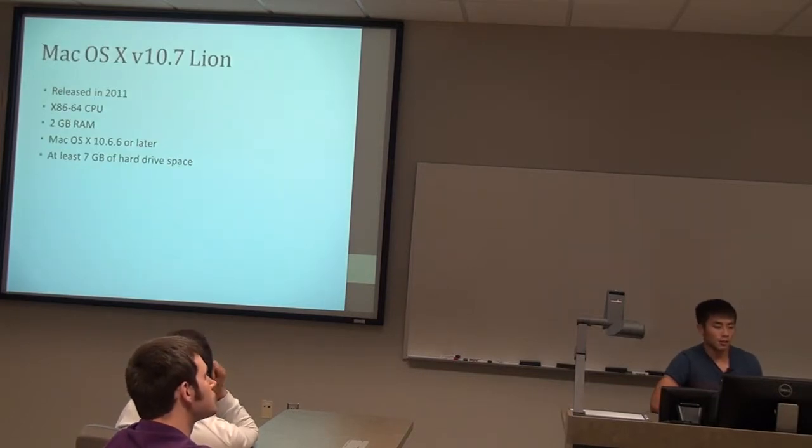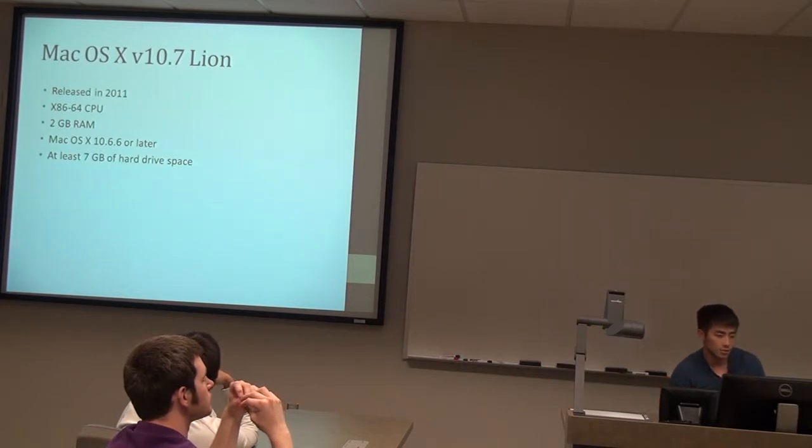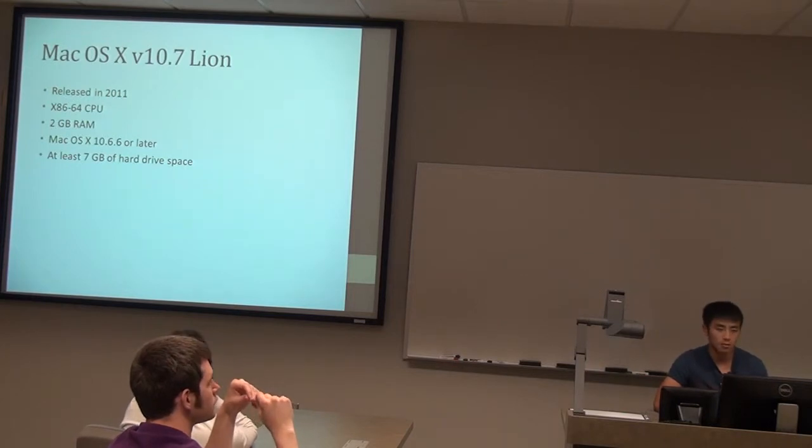And then Mac Lion, which was released in 2011, requires an x86 64 CPU with a minimum of 2 gigabytes of RAM, OS X 10.6.6 or later, and at least 7 gigabytes of hard drive space.